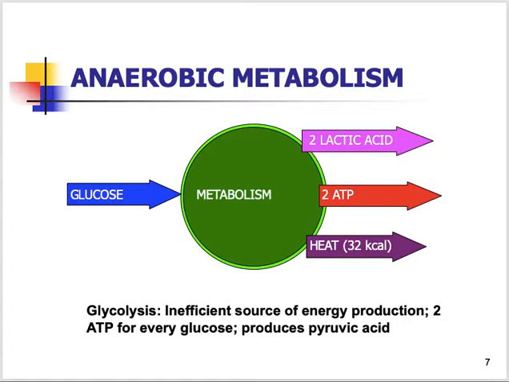So one thing which can be understood from this is that whenever someone is in shock, lactic acid will start forming. It can accumulate in the body, in the blood, which can also lead to metabolic acidosis. And once the glucose is exhausted, the anaerobic respiration will stop.